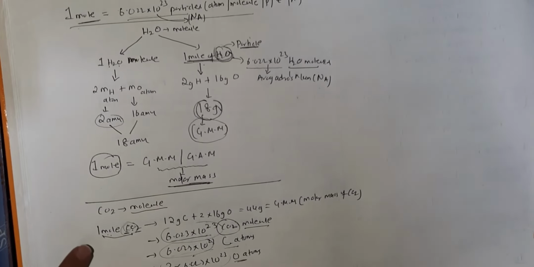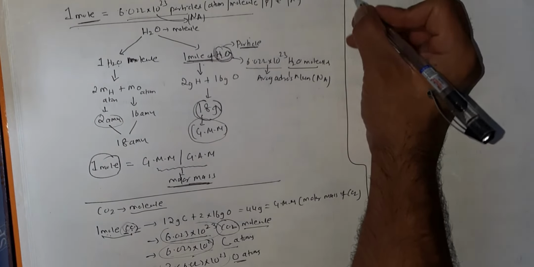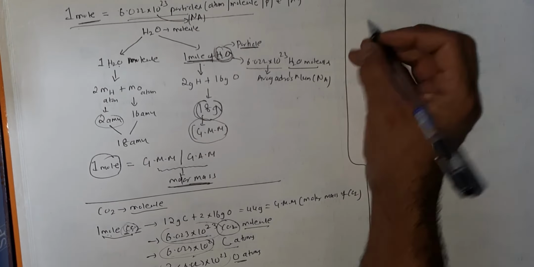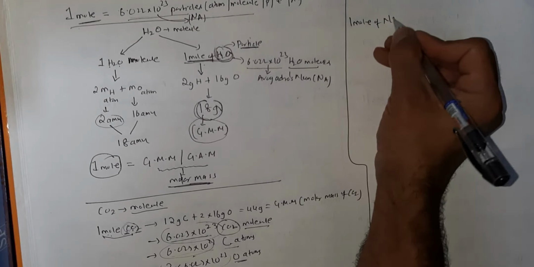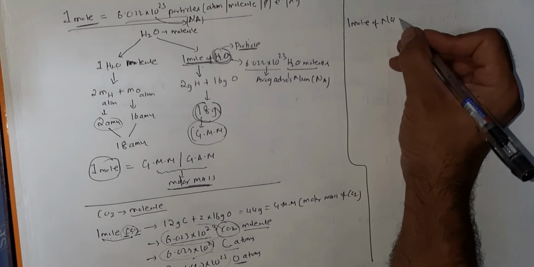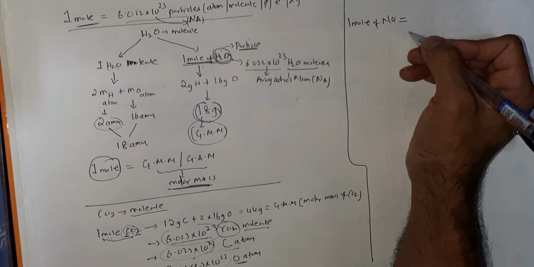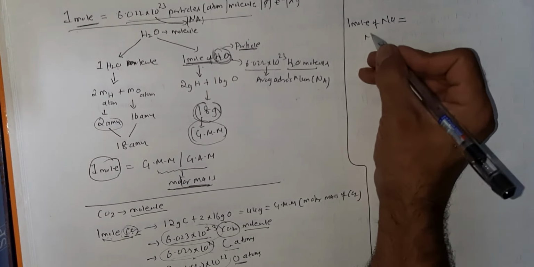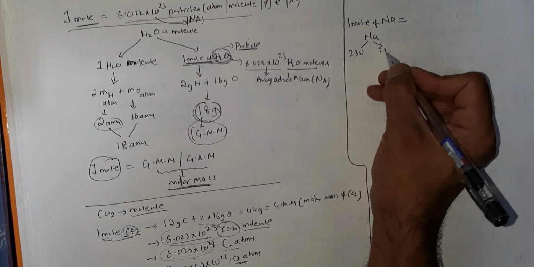Now for an atom, suppose I took sodium. If I write down 1 mole of sodium, sodium has atomic mass of 23. So again it will come to your mind: 23 U or 23 gram.